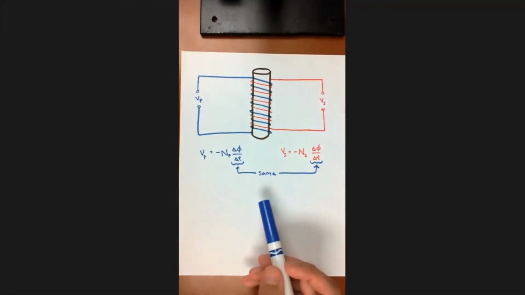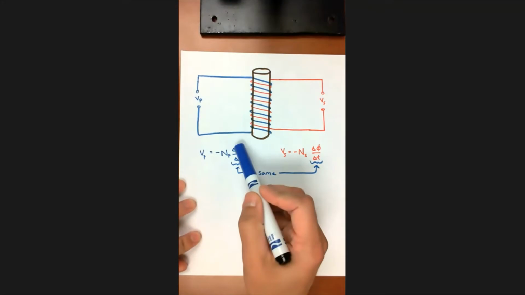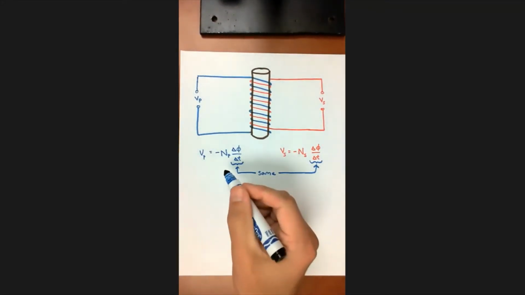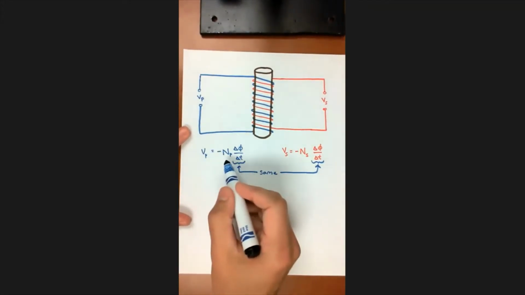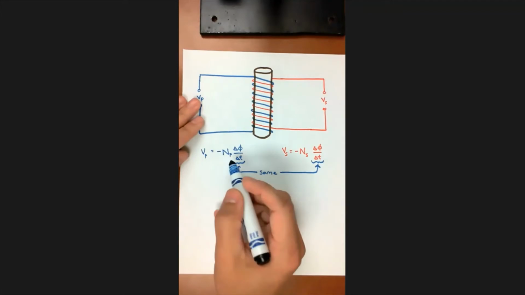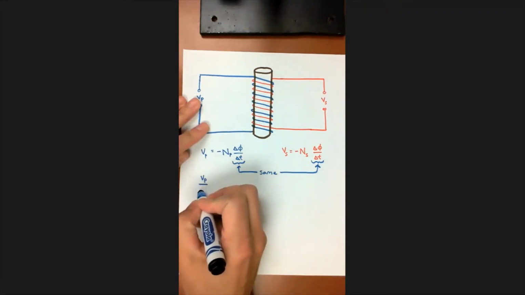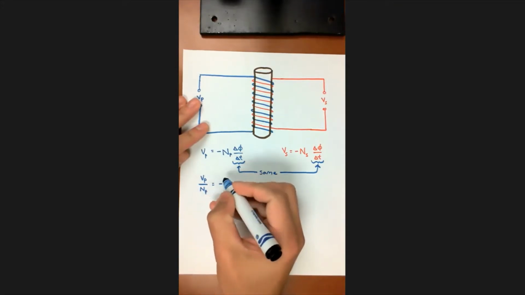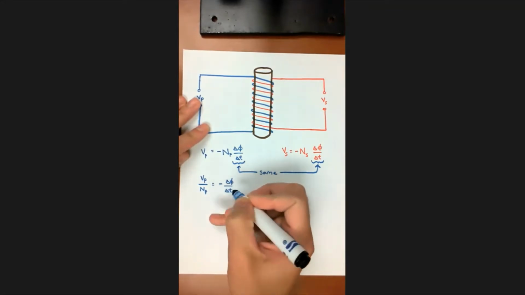So now let's make an expression on both sides where we're solving for just the rate of change of magnetic flux. Over here, we're going to solve for this, and over here, we're going to solve for this. We can do that by dividing both sides of this equation by N sub P. So I have V sub P divided by N sub P equals negative rate of change of magnetic flux per time.